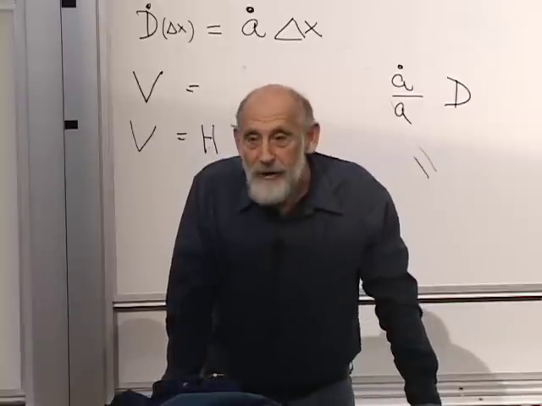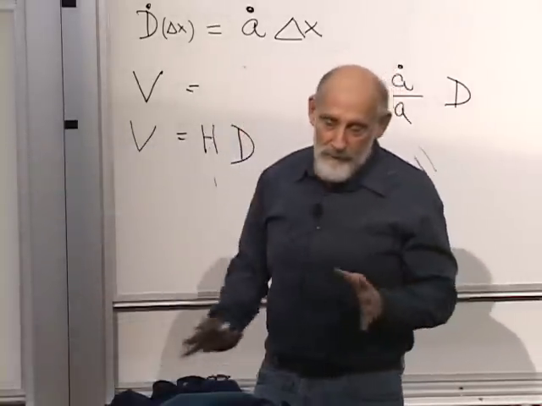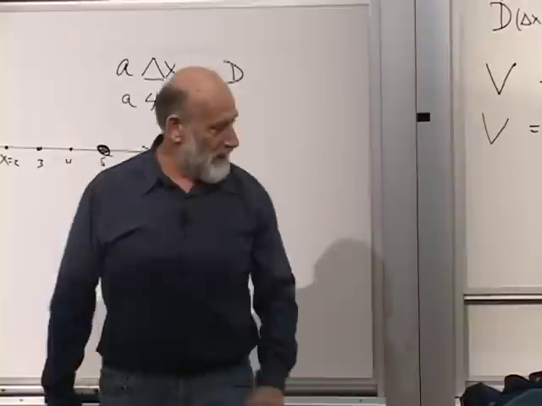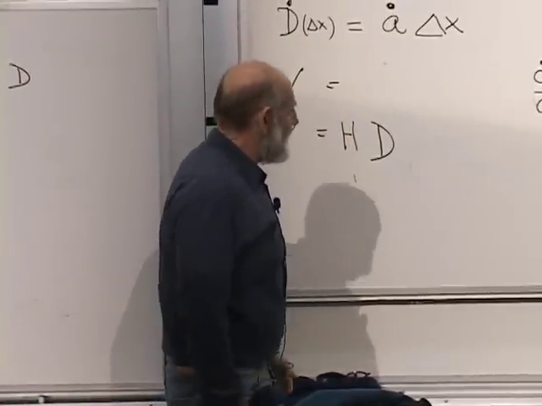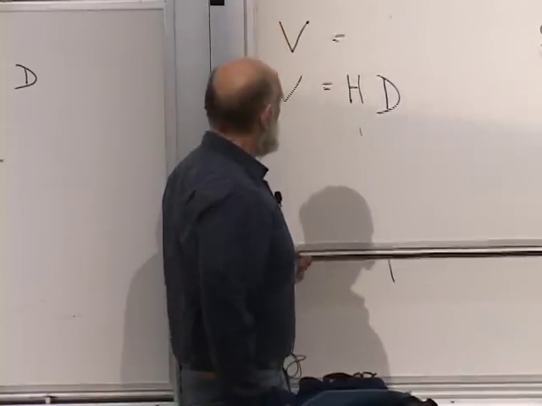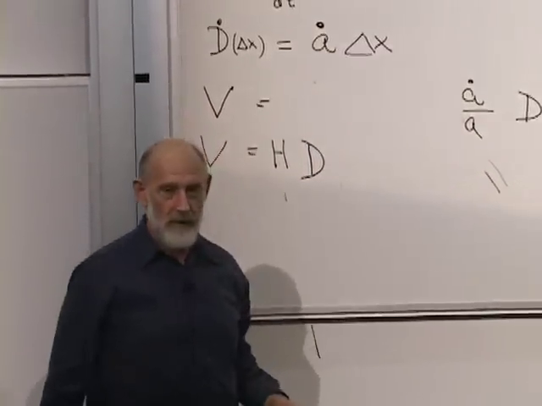Right? The fastest galaxy is most likely to be the one that's gotten furthest away from you. But that of course, is just, it's true, but this is the right way to say it. Velocity is proportional to Hubble constant times d.